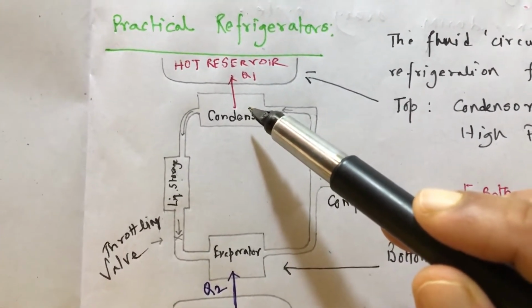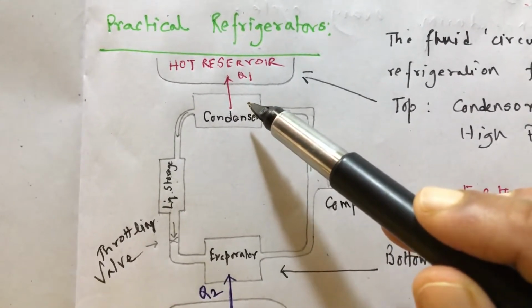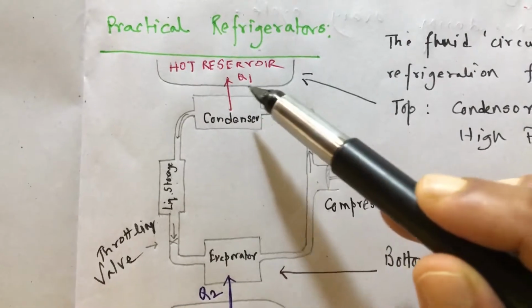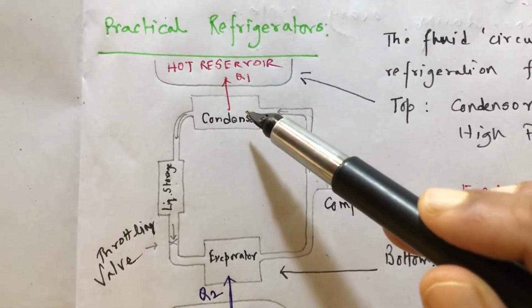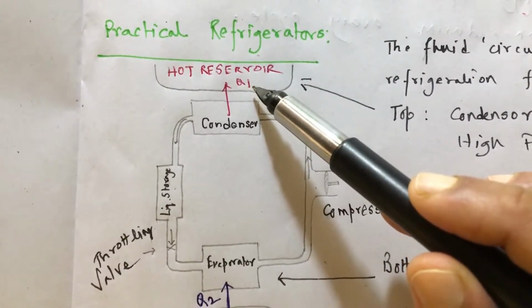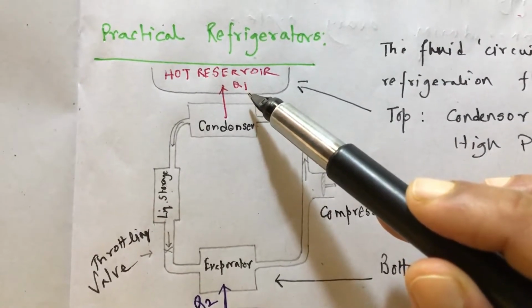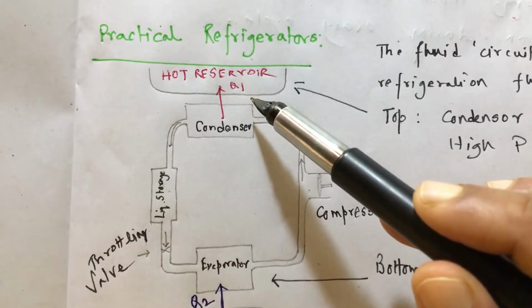Now the temperature of the fluid is higher because of the compression than that of the air surrounding the condenser. So the refrigerant or the working substance leaves off a certain amount of heat, say Q1, and as it leaves off heat, it gets condensed partially to liquid.